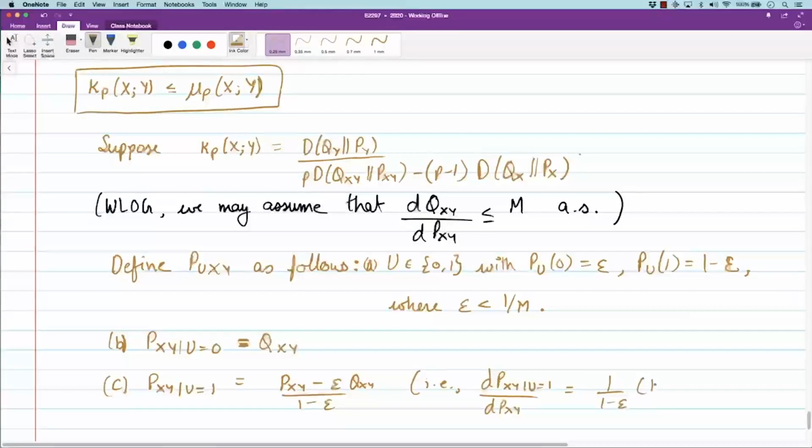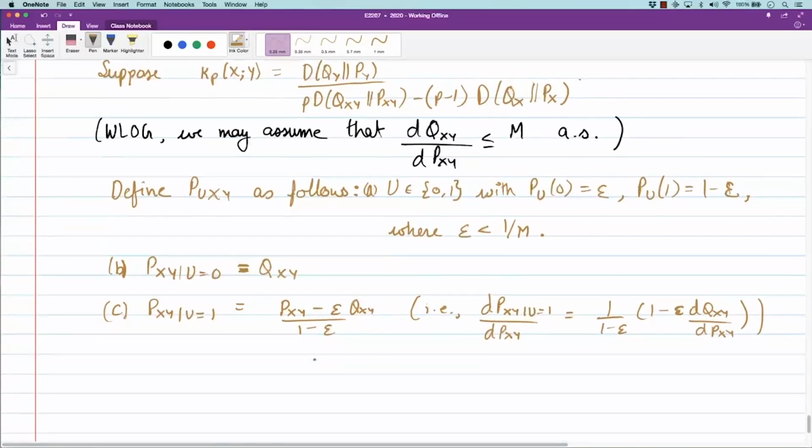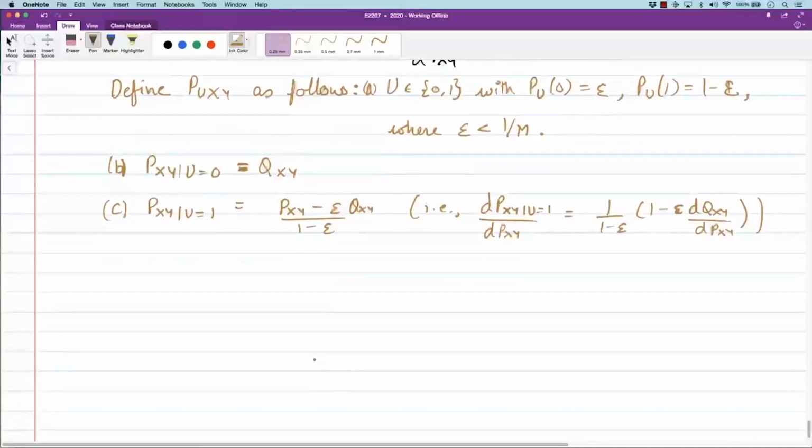And since this density is less than or equal to m, this thing is always less than 1, and therefore this is a valid density. And you can also show that it integrates to 1 easily. So that's the second distribution. Now, this is a distribution that we have defined.